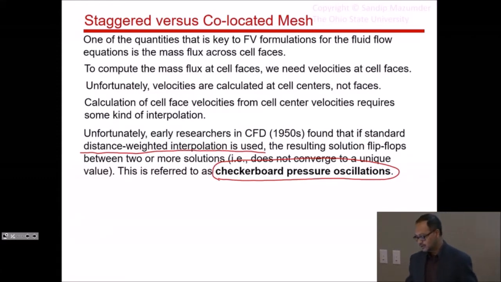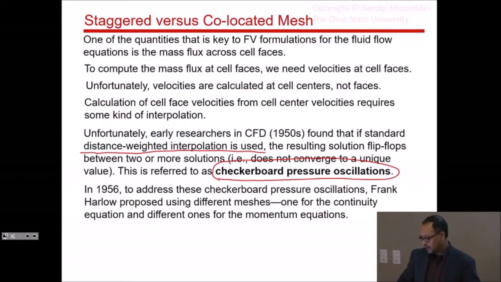Okay, so then they started looking at what may be going on, and they found, at least by numerical experimentation, maybe not really nailing down what the problem is, that every time they used distance-weighted interpolation from cell center to phases, it did not work.